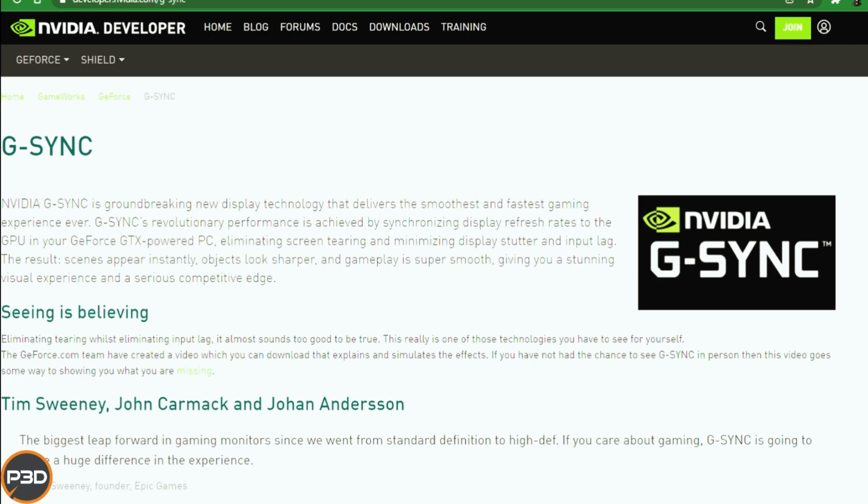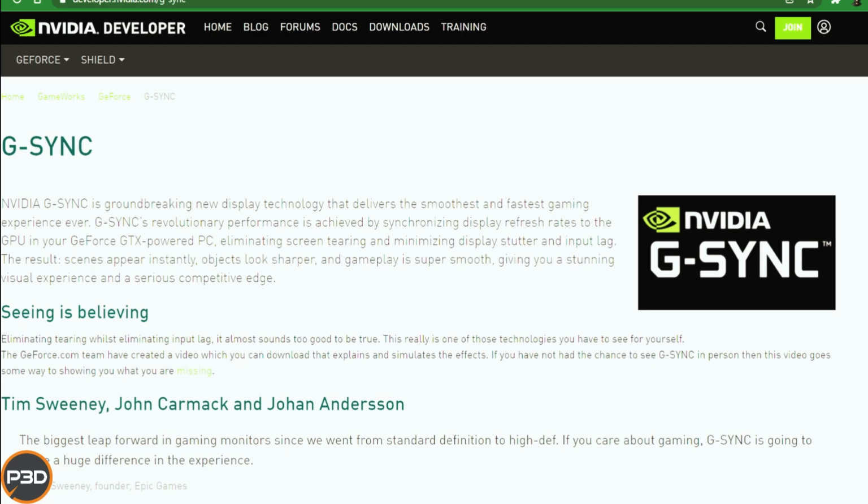Nvidia G-Sync is groundbreaking new display technology that delivers the smoothest and fastest gaming experience ever. G-Sync's revolutionary performance is achieved by synchronizing display refresh rates to the GPU in your GeForce GTX-powered PC, eliminating screen tearing and minimizing display stutter and input lag. The result?